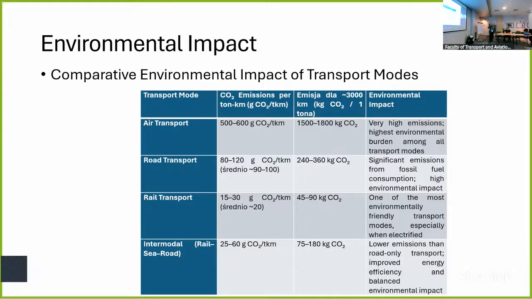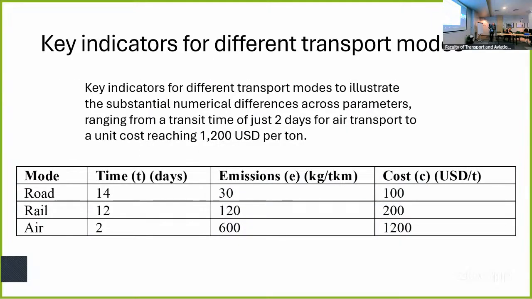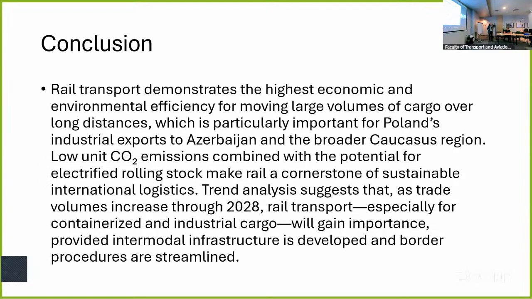So also we can find for us the best solution and summarize these different transport modes. We can choose which is the best solution for that product for that moment.